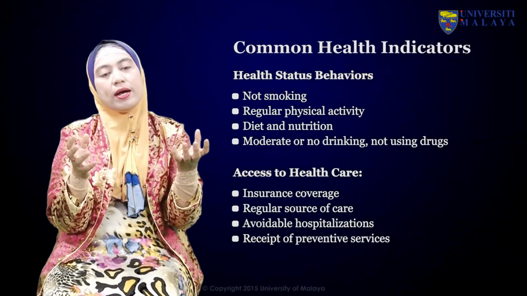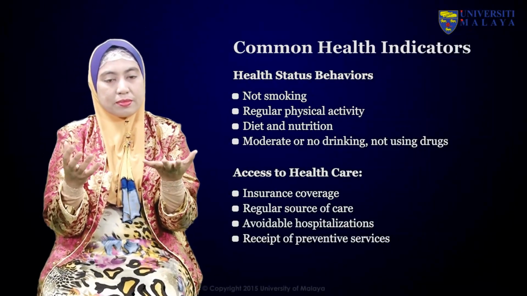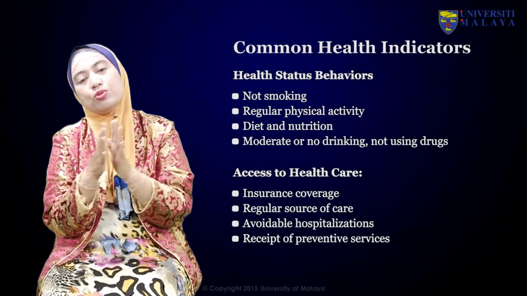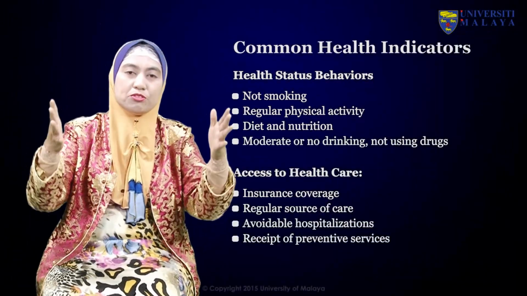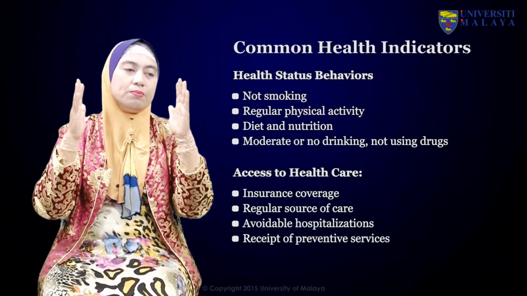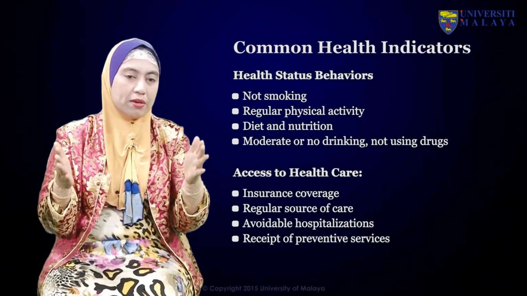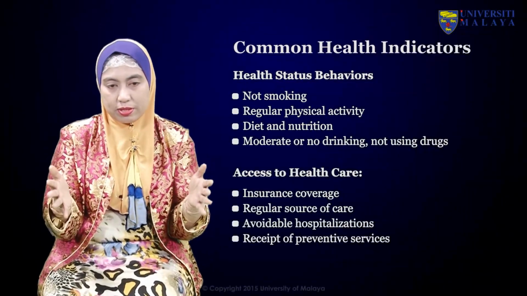Okay, so under access to healthcare, this is more towards becoming a developed country. Once we want to become a developed country, we have to have very good access to healthcare.